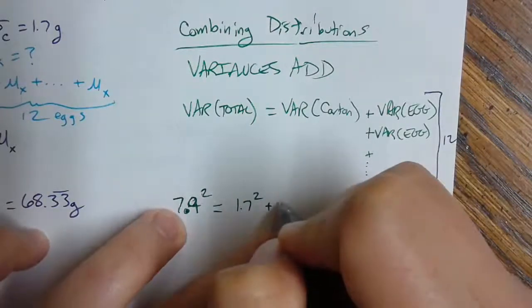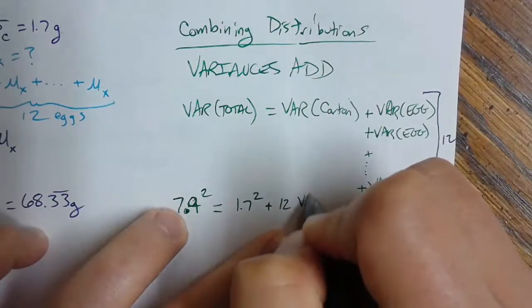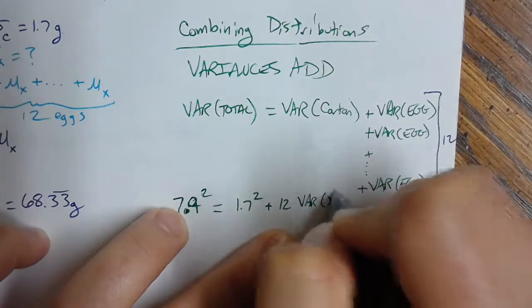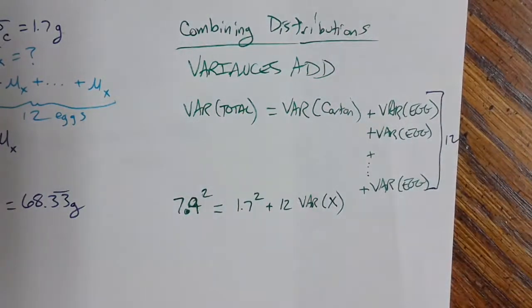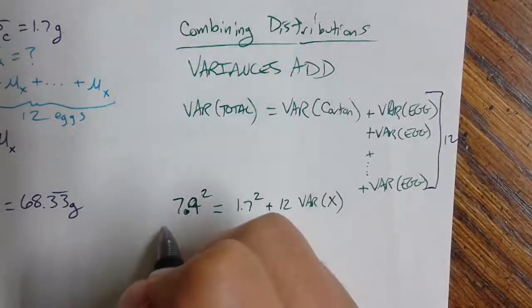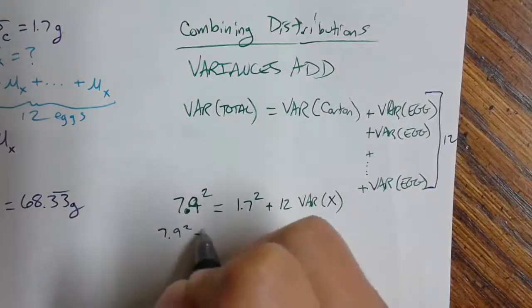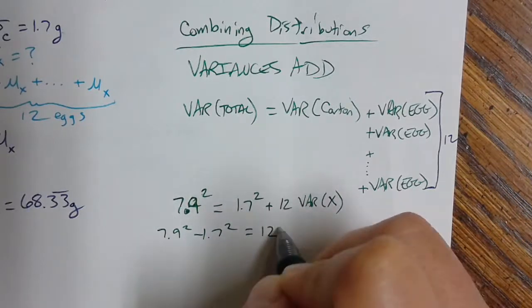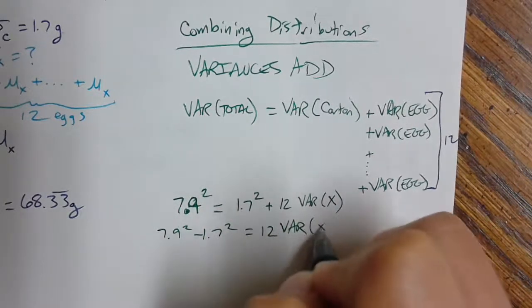And I have 12 variances for a single egg. I'm just going to use the letter X here. So a little bit of calculation here. We're going to take the 7.9 squared and subtract off the 1.7 squared. 7.9 squared minus 1.7 squared equals 12 variances for a single egg.